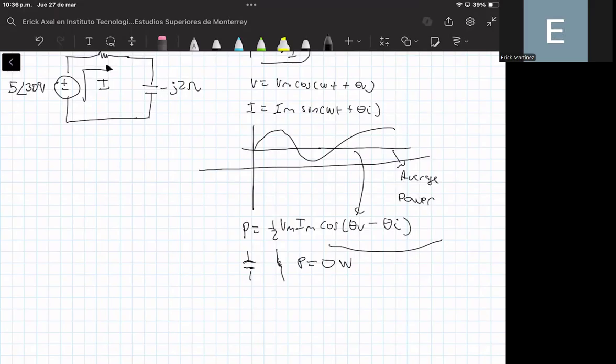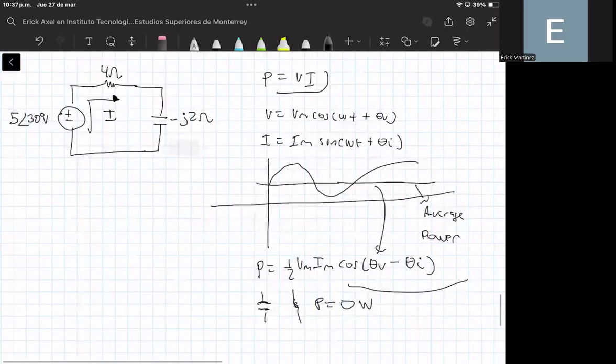That basically means that we don't have an offset in the power function of these two components. So these two components do not have average power. In fact, you can use this expression to compute the power of a capacitor, for example, and you will notice that the expression results in a 0.